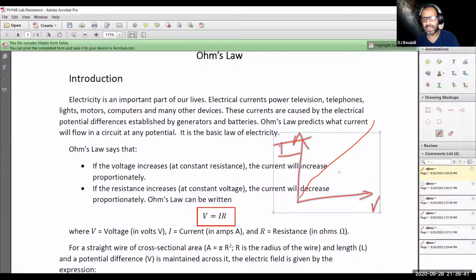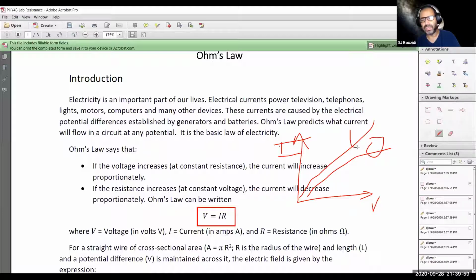Instead of seeing something like this, it's going to be something completely different, okay? So it's going to decline over time, so it's not going to be linear, okay? It's not going to be a line. So that is the non-ohmic resistor, and this is the ohmic resistor, okay? The one that is linear. And usually the culprit in this case is the temperature.